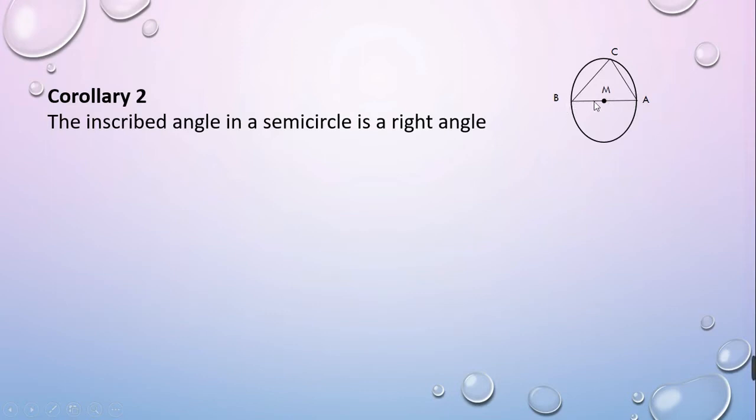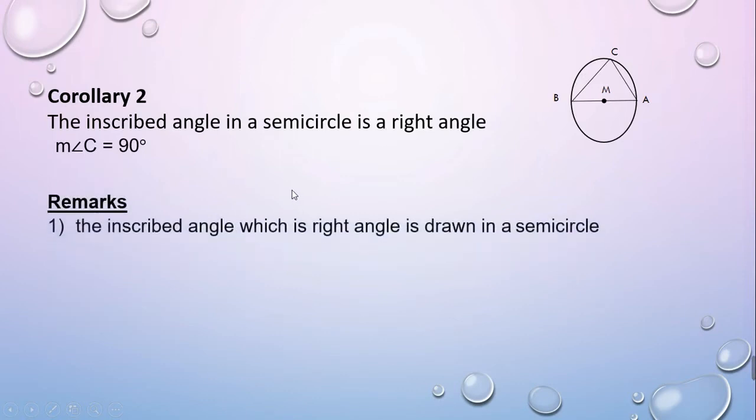Its measure is 180 degrees. So the measure of the angle C will be 90 degrees. So the inscribed angle in a semicircle is a right angle.